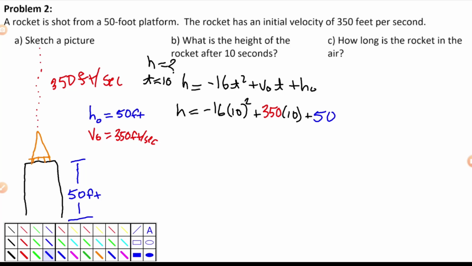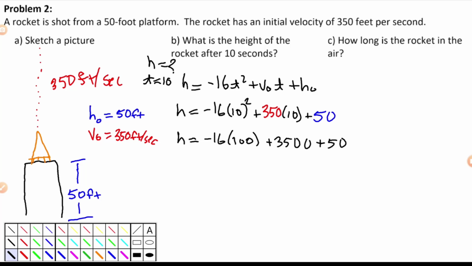And this is just a nice and easy little work it out problem, and we should be done here. So we're going to go with h is equal to negative 16. What's 10 squared? What's 10 times 10? That's just 100. Now 350 times 10, which is just 3,500 plus 50.